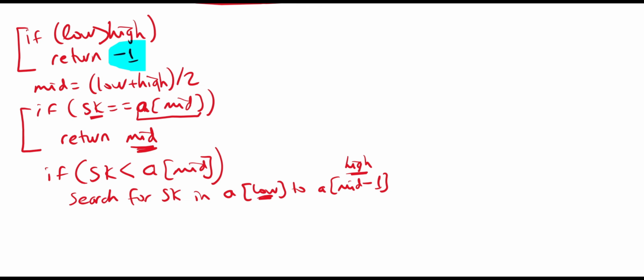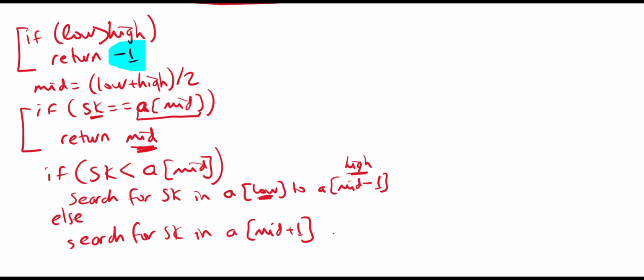Okay, if search key is greater than A mid, then in the else part I will search for the search key in A from mid plus 1, because this means that my search key can be on the right side of the mid. Then from A mid plus 1 to A high, and the search will happen between the new low and high.